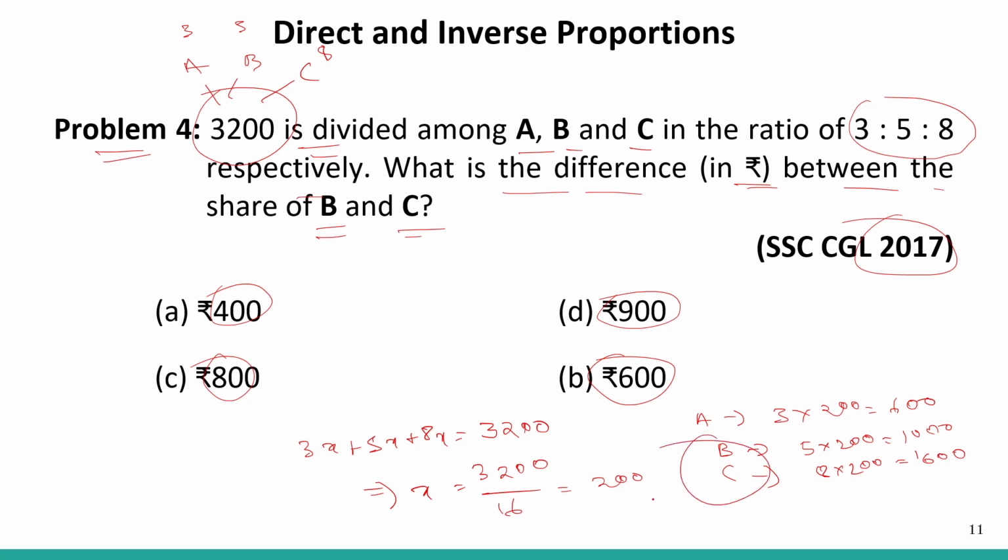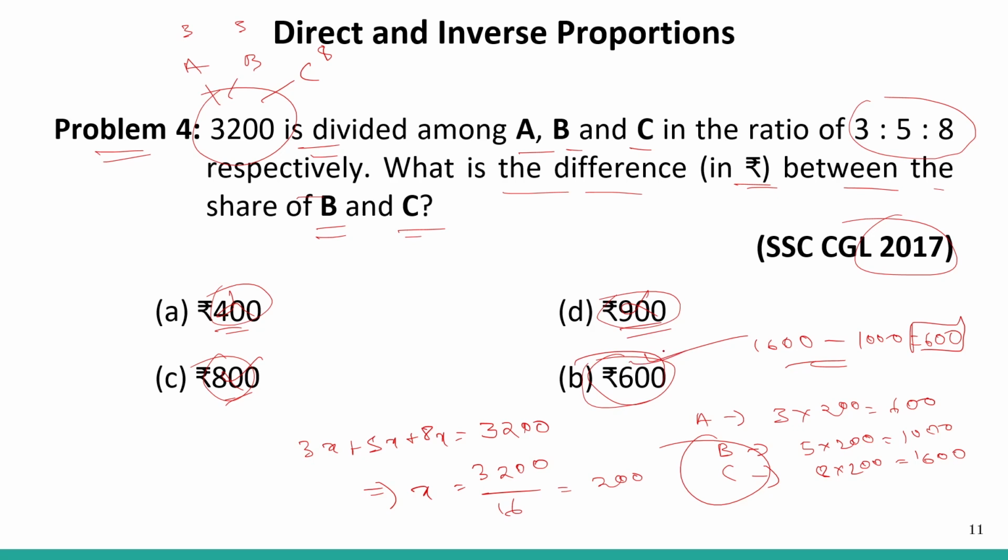So the difference between B and C share will be 1600 minus 1000. So it is nothing but equal to 600. So 600 will be the difference. So B is the only correct answer here. Options D, A and C are incorrect. So 400 is incorrect, 800 is incorrect and 900 is incorrect. The only correct answer here is 600.